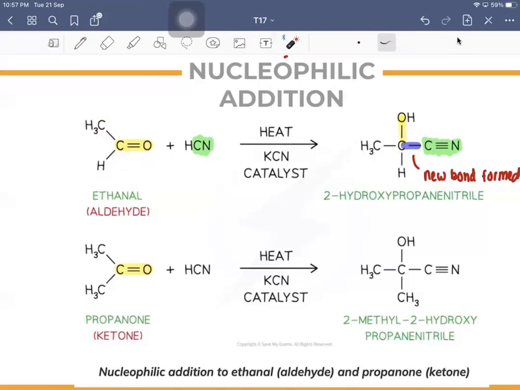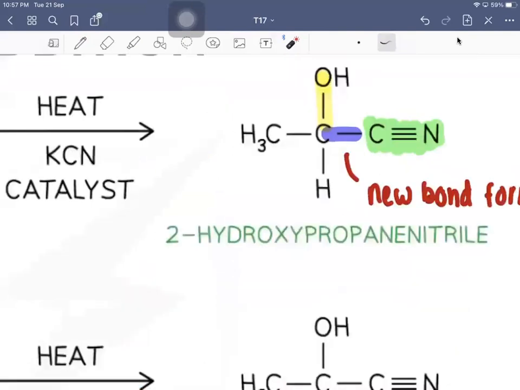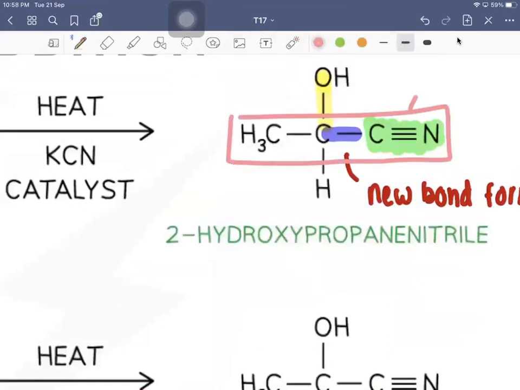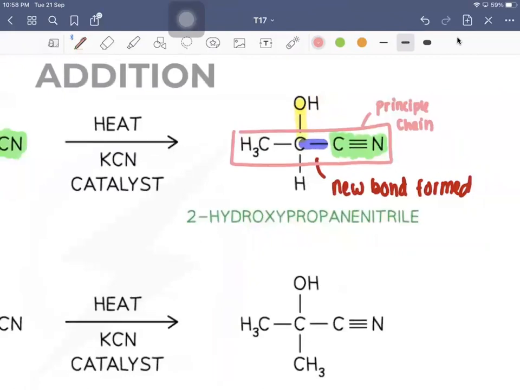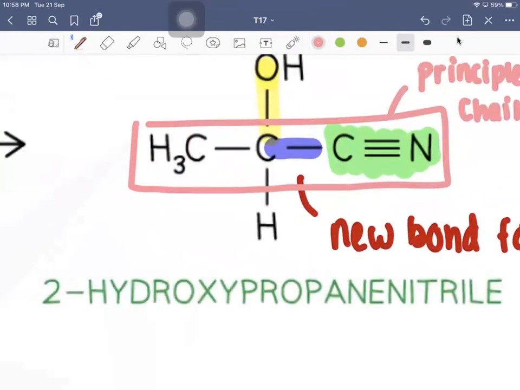First, we need to identify the principal chain. Pink. So this is your principal chain, which is called the propane nitrile because it's got 3 carbons, 1, 2, 3.